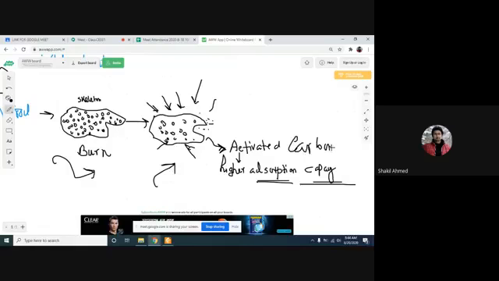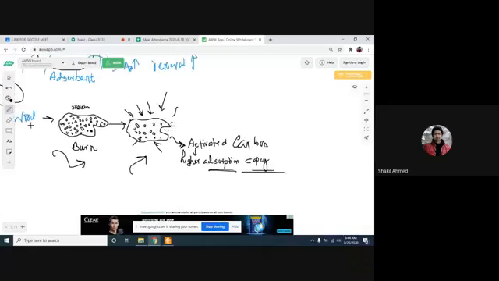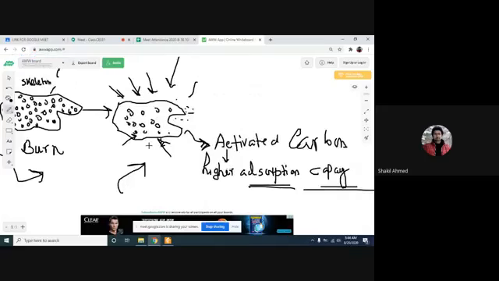Why carbon? Because this is wood. This is made of what? Organic matter, carbon, hydrogen, and then you burn them. That means you broke the chain, and what is remaining? This is basically carbon, right? So coal-like matter, coal.